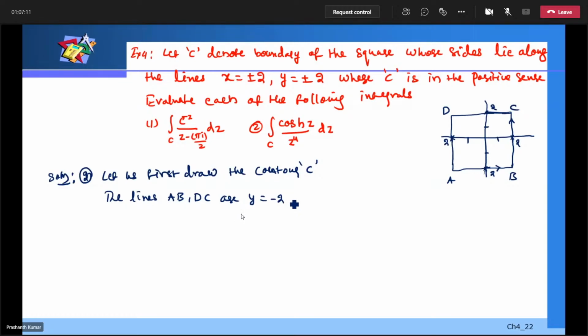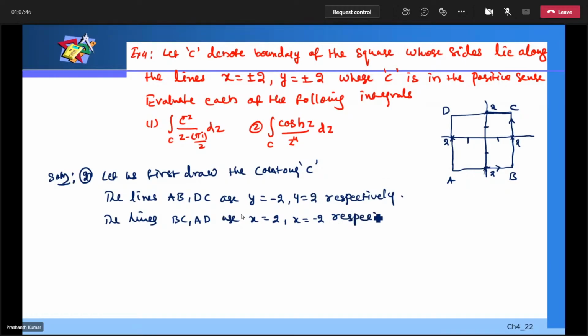And the lines BC, AD are x is equal to 2, x is equal to minus 2, respectively.